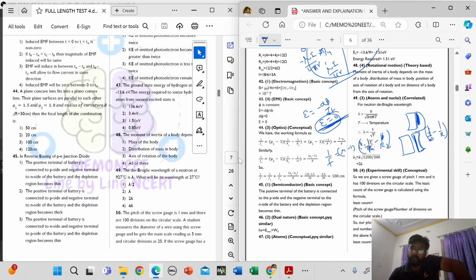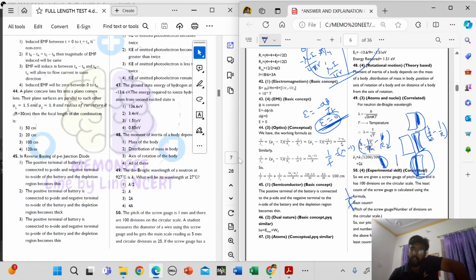So we get (mu1 minus 1) times (0 minus 1 upon r), that will be (1 minus mu1) upon r. Similarly for the second, the plano-convex lens, R1 will be positive and R2 will be infinity. So we get mu2 minus 1 upon R.